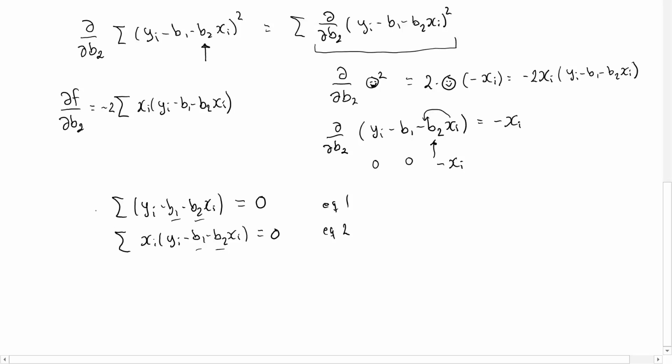To find a stationary point, we need to solve this system of equations. This system of equations is actually hugely important by itself, so it's given a name. This system is called the normal equations. The normal equations for the least squares problem.